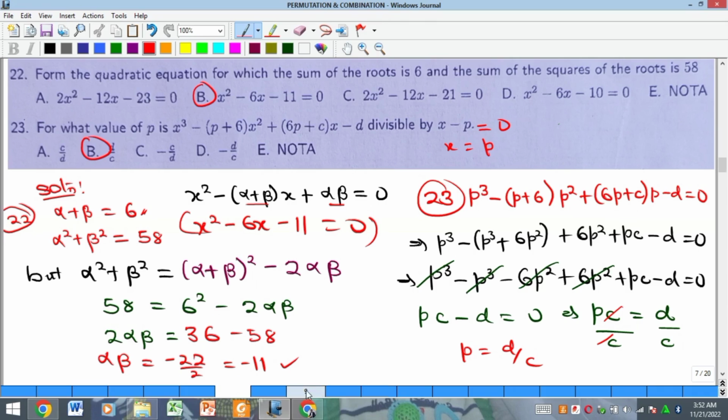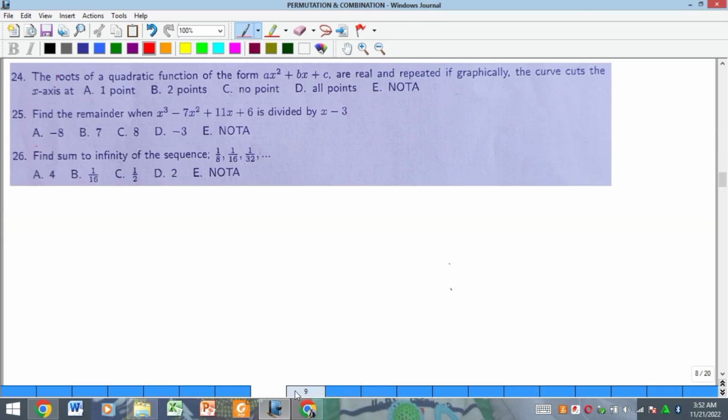So we go to the next one, number 24, which says that the roots of a quadratic function of the form this are real and repeated if graphically the curve cuts. Okay, so you recall that we have also seen this even on this channel.